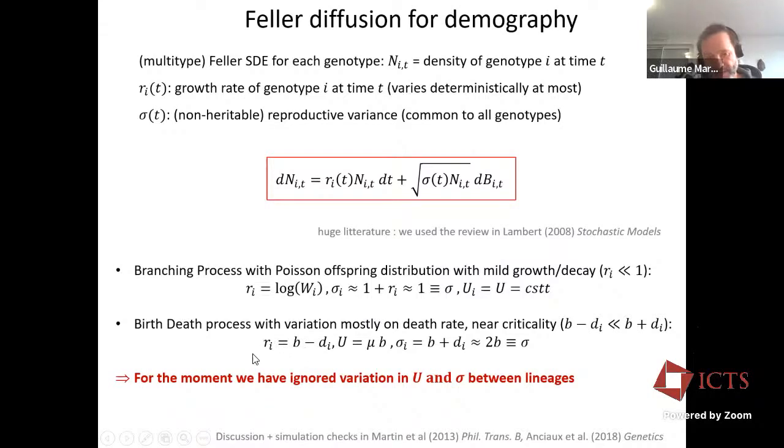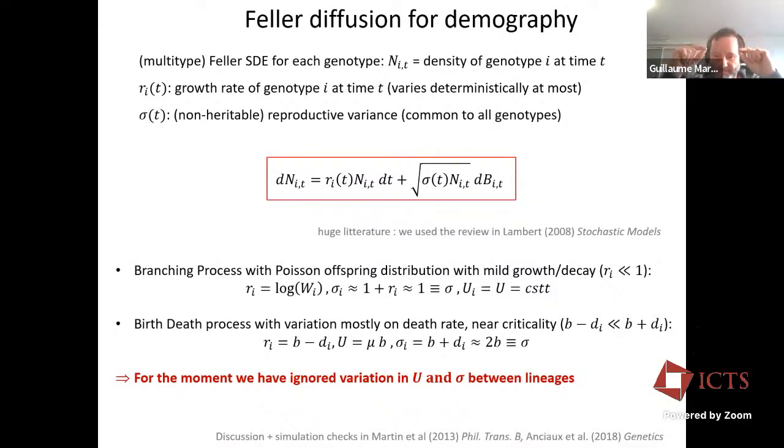Another way is a birth-death process with just genotypic variation on the death rate. There are other ways to have it, but this one is simple. Then R_i is the birth minus the death rate. The mutation rate is constant across types because the birth rate is common to everybody, so you have a mutation rate per division times the birth rate. And sigma is B plus D_i. You assume the birth and death rates differ, but the sum of the two is large compared to the difference.